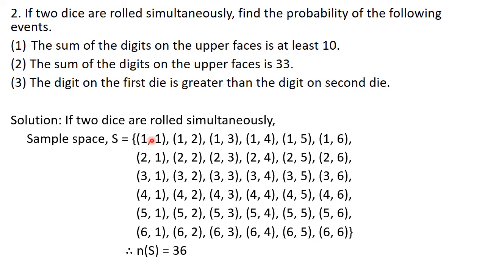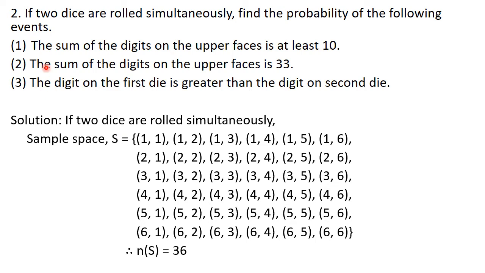As I have said, you have to write this sample space using 6 lines like this: 1 1 up to 1 6, then 2 1 to 2 6, 3 1 to 3 6, 4 1 to 4 6, 5 1 to 5 6, and 6 1 to 6 6. The brace bracket should be at the beginning of the first line and at the end of the last line, and then write down the number of sample points. N of S is 36.